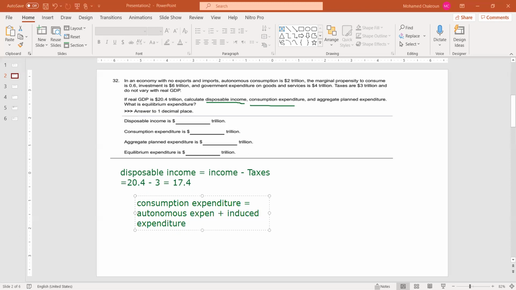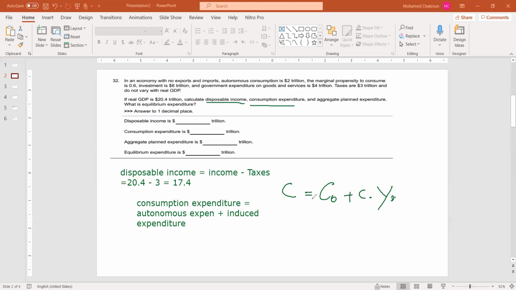So we consider that consumption expenditure, C, is equal to an autonomous part, C0, which doesn't depend on income, plus a second part that is induced that depends on GDP.